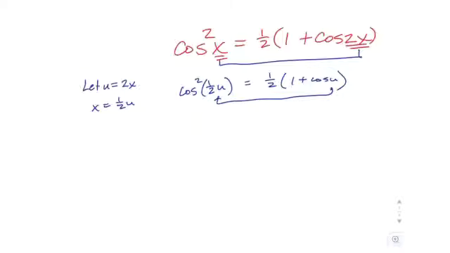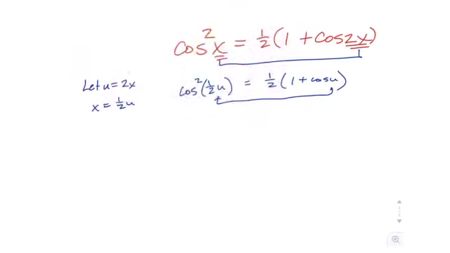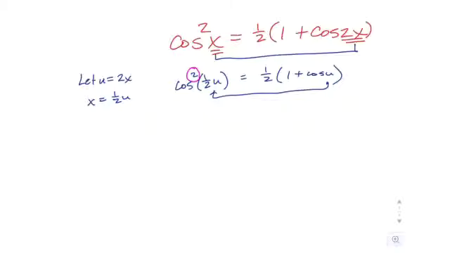Well, now, if I solve for cosine of 1/2 u, I will unsquare both sides. How do we unsquare both sides? Square root. So that's cosine of 1/2 u equals, now when we take the square root, we have to consider what? Both plus or minus the square root of 1/2 times 1 plus cosine of u.